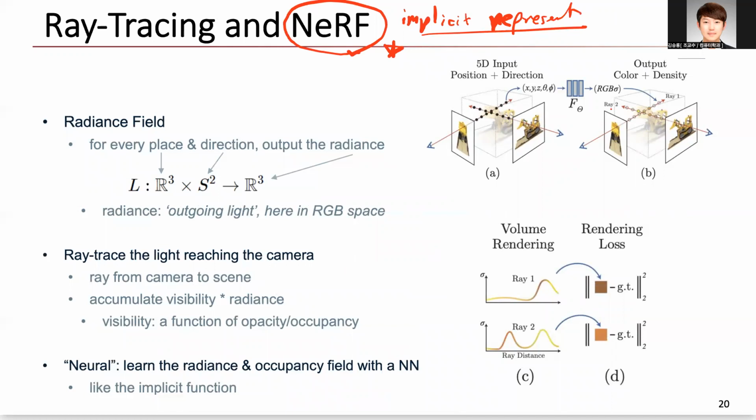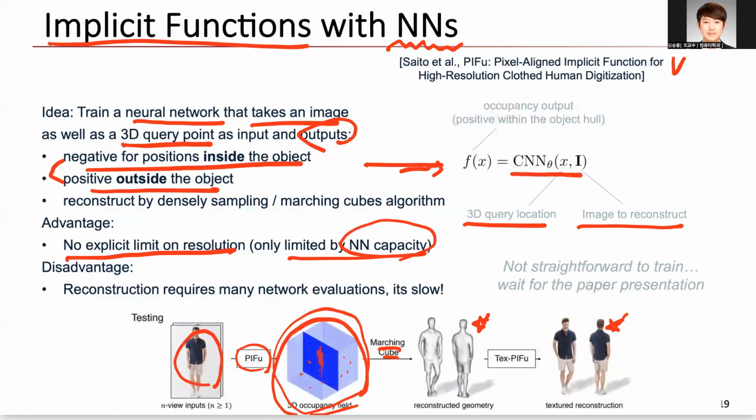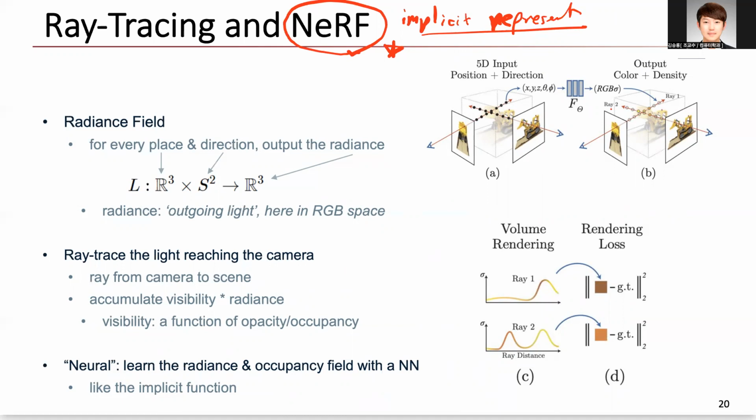Okay? So, NeRF is extending this implicit representation concept. What they want to do is learn a mapping function to model a radiance field.